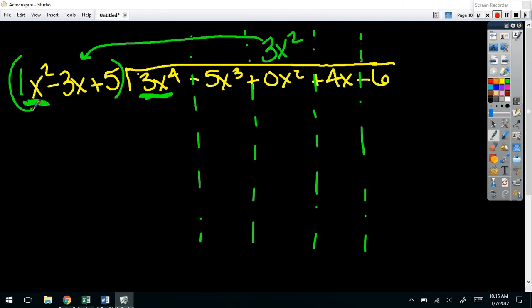Remember the unit that we did on multiplying, adding, and subtracting polynomials? So this is the same thing. I'm going to take 3x squared and multiply it to this. In other words, I'm going to distribute it.